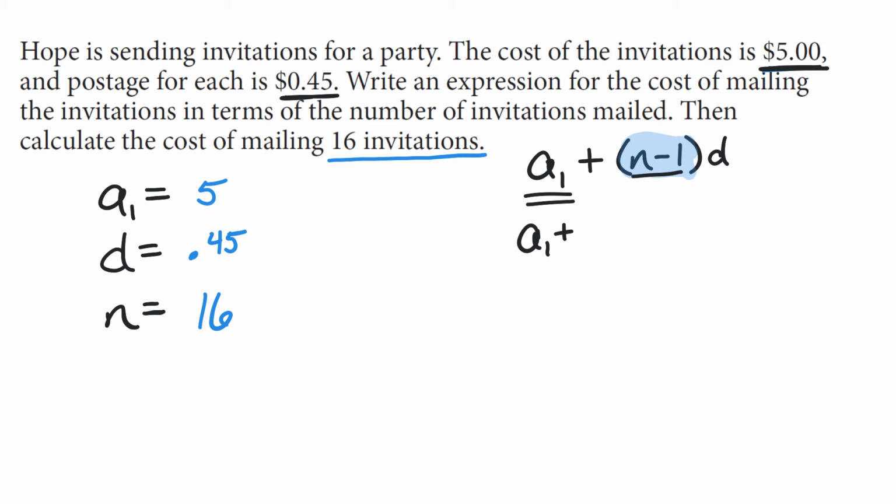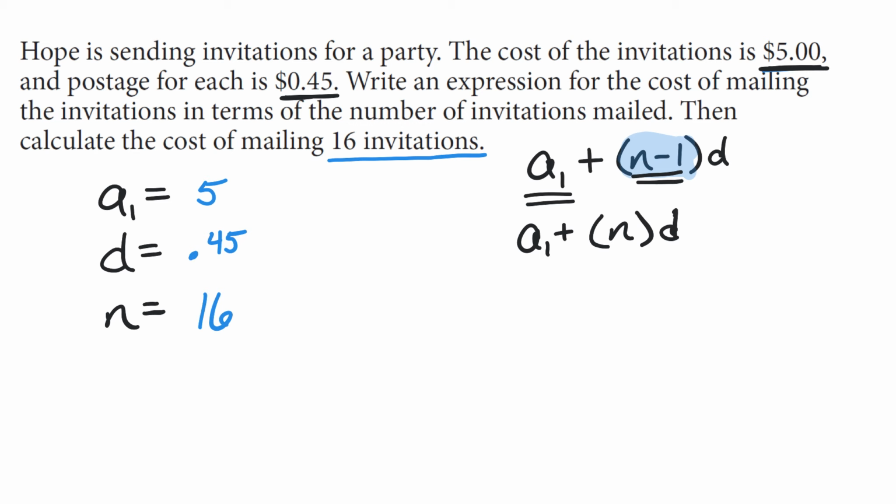We will not need to minus 1 on this one because the first stamp is actually going to have to be paid. So in this case, we're looking for a sub 1 plus the number times the common difference.